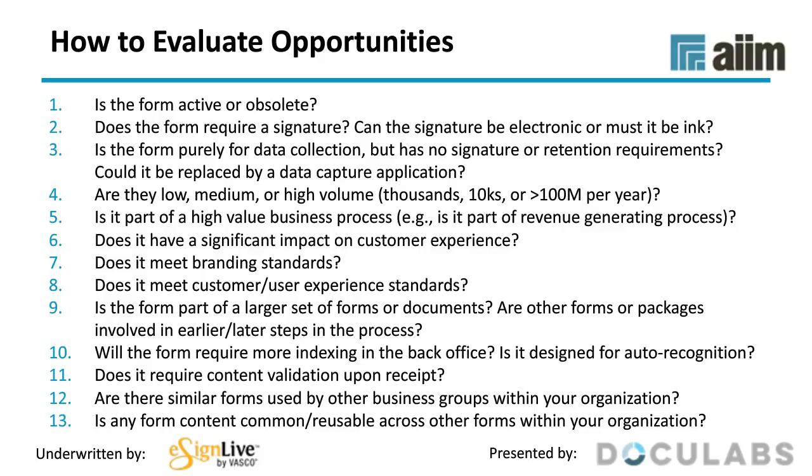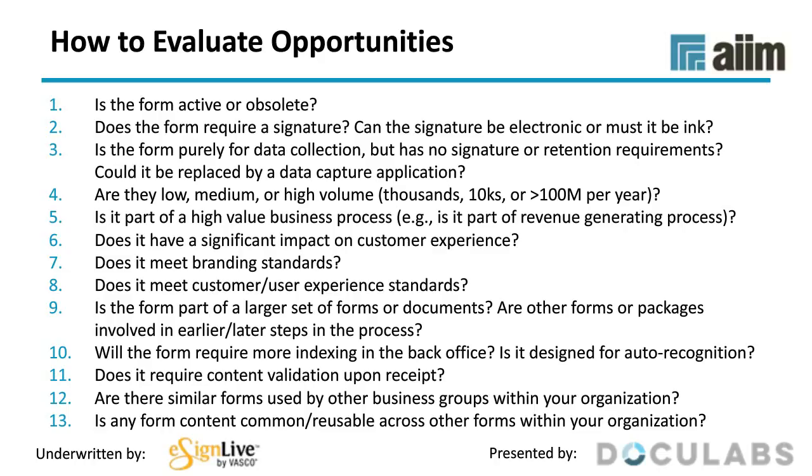Likewise, number 9 on that list there has to do with complexity and dependencies. You're going to see that some forms are part of a bigger packet of forms or part of a very complex process. So even if you digitize it, you're not going to reap many benefits. So leave that for later and just move on and do some of the simpler high benefit forms first.